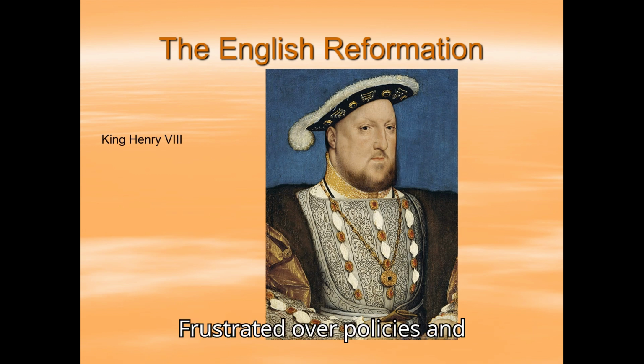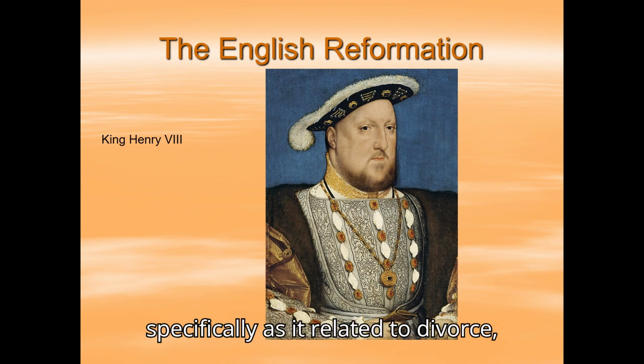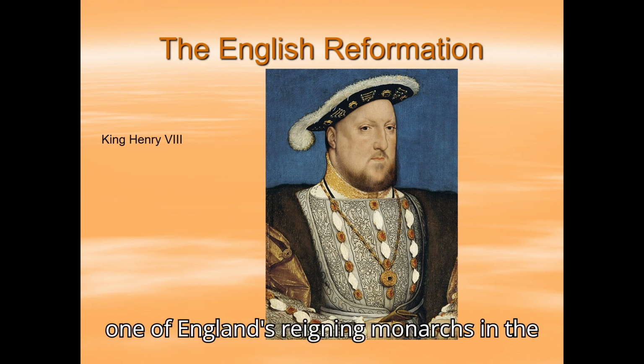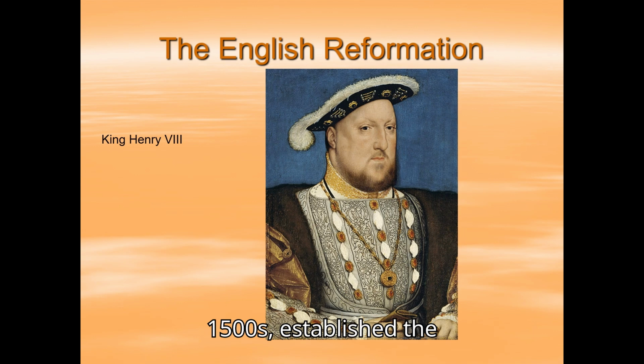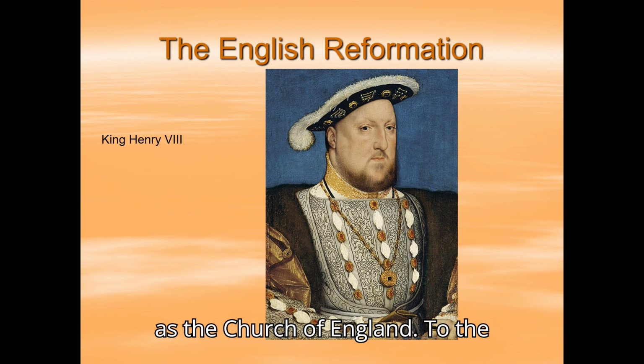Frustrated over policies and disagreement over Catholic dogma, specifically as it related to divorce, King Henry VIII, shown here, one of England's reigning monarchs in the 1500s, established the Anglican Church, which was also known as the Church of England.